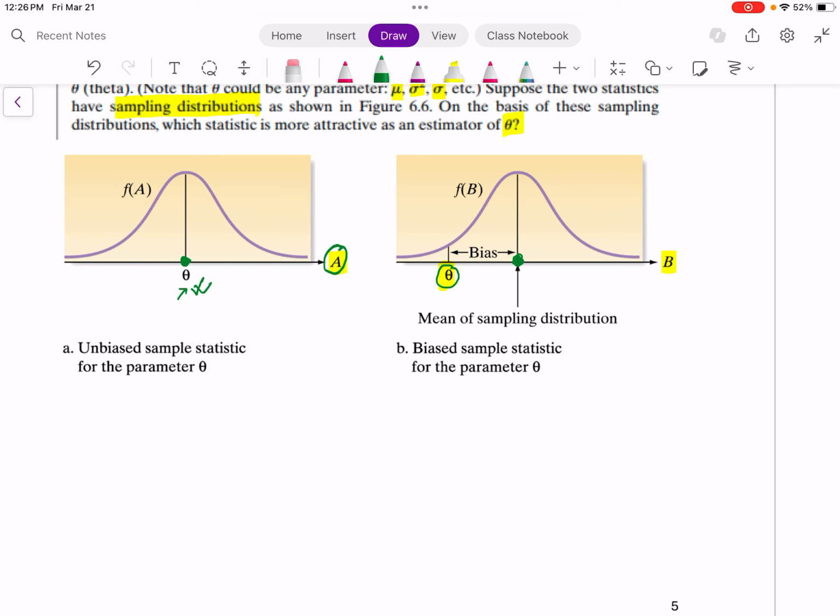So the mean is not equal to our parameter, and we call it a biased estimator. But if the mean of a sampling distribution is the same as the parameter, we call it an unbiased estimator.